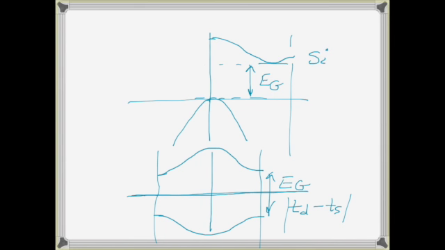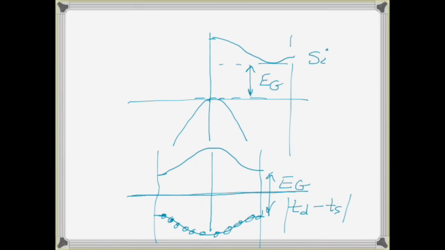It's intrinsic. At 0 Kelvin, all the valence states are filled with electrons, and all the states of the conduction band are empty at zero temperature.